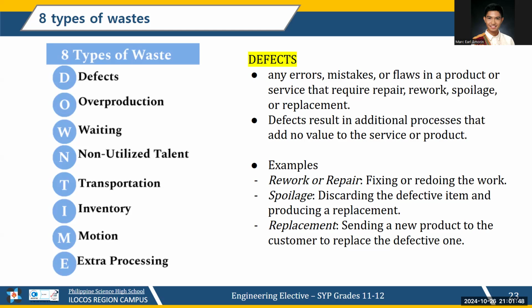So kapag meron kang defect, ibig sabihin nun, meron kang additional step or activity na kailangan mong gawin. Such as rework or repair, by fixing or redoing your work. Spoilage, ibig sabihin nito, you discard the defective item and then of course you are going to replace it. So replacement by sending a new product to the customer to replace the defective one.